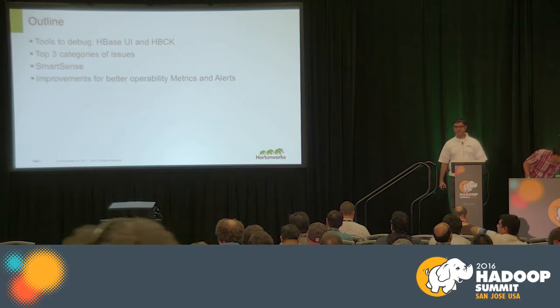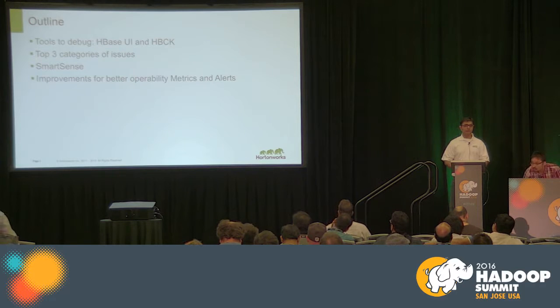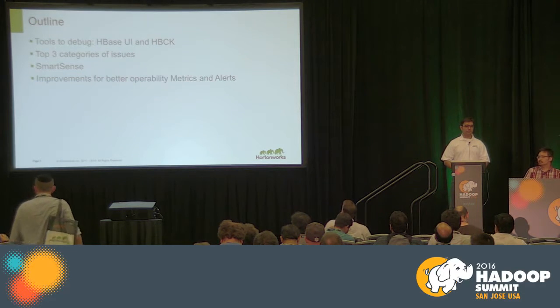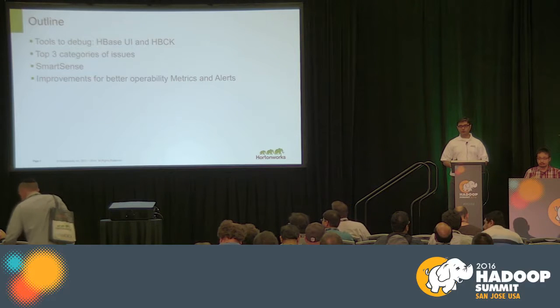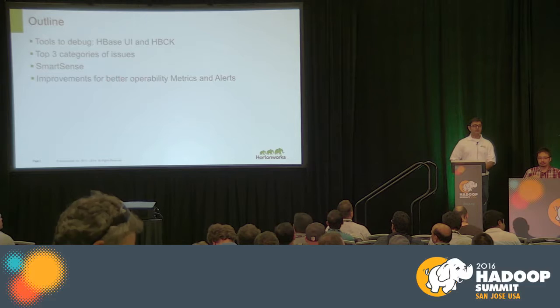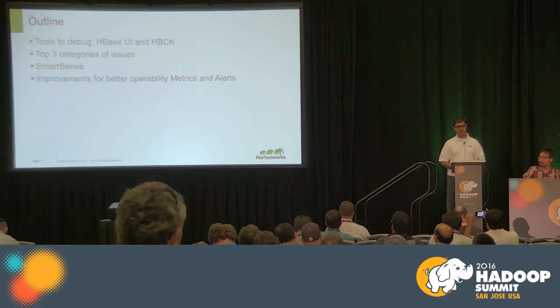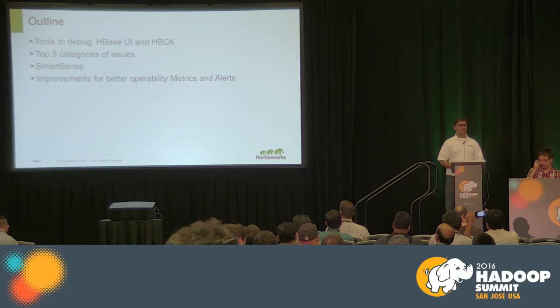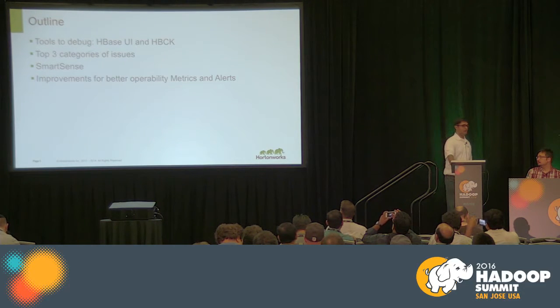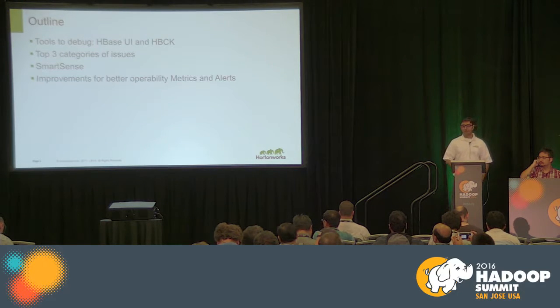So just to give you an outline, HBase is an enormous topic, but I'll try to cover as much as possible and whatever provides the most value based on whatever we have worked on so far. We'll cover some of the tools that we use to debug issues. We'll take a deeper dive into the top 3 issues that we have been working with, some of the corner cases, difficult ones that have been an issue to debug and get to a conclusion.